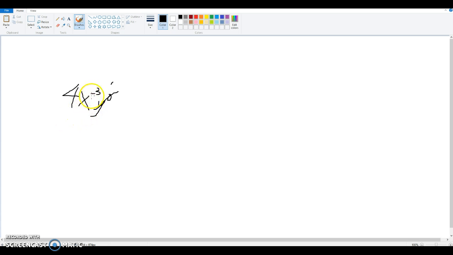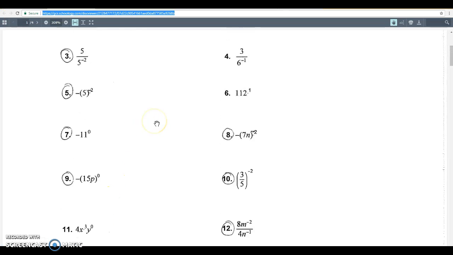If it's in the denominator, you move it up. We can always think of this as being something over 1 whenever you have any type of whole number. So we can move this x cubed down. So that equals 4 over x cubed. So that's simplified that problem. Okay.